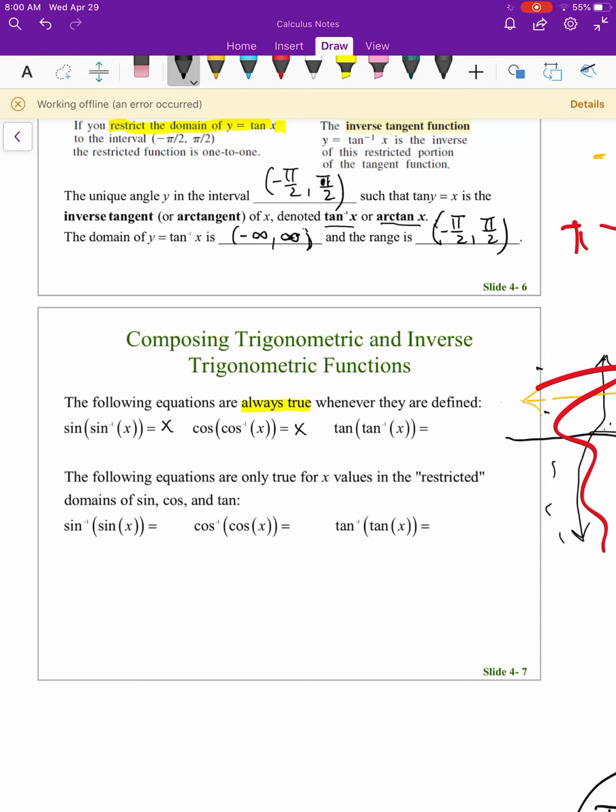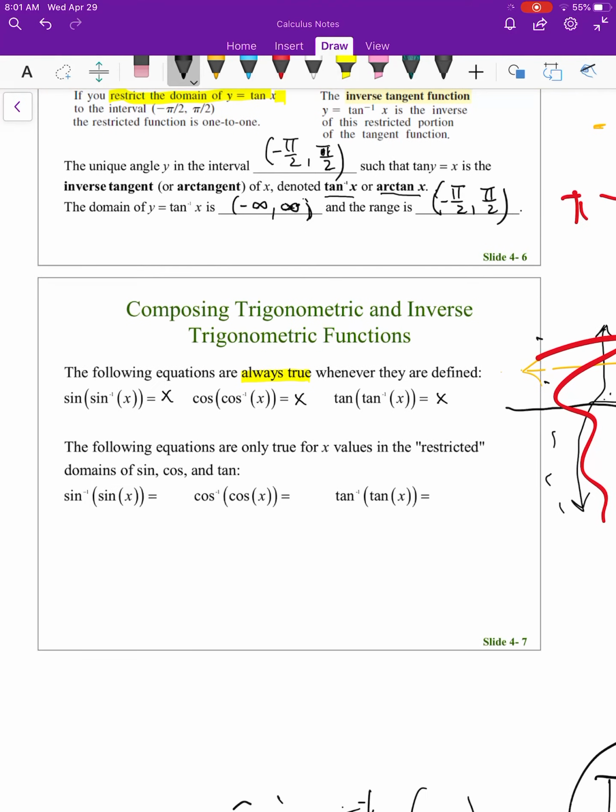The cosine of the inverse cosine of x is always going to be x. And the tangent of the inverse tangent of x is going to be x. The following equations are only true for x values in the restricted domains of sine, cosine, and tangent.